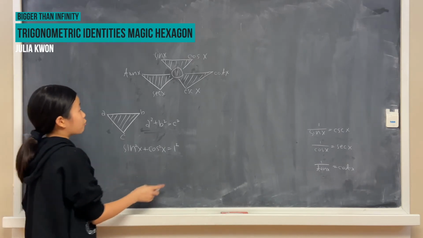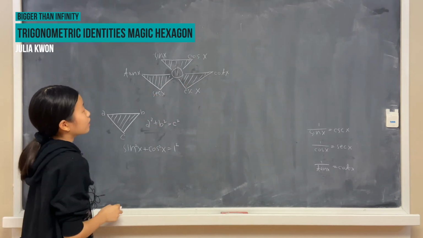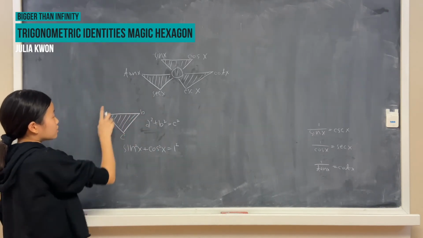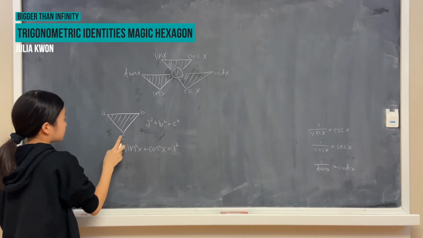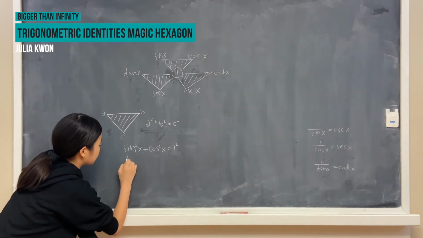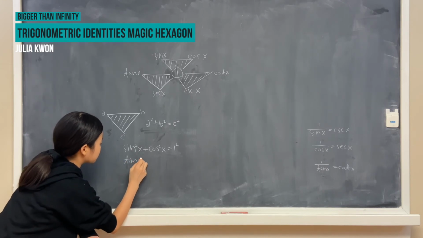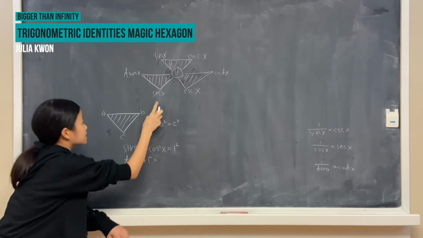Now it's the same for the other two triangles. So the tangent x is A, the 1 is B, and the secant x is C in this triangle. So if I write it down, it would look like this. The tangent x squared plus 1 squared equals secant x squared.